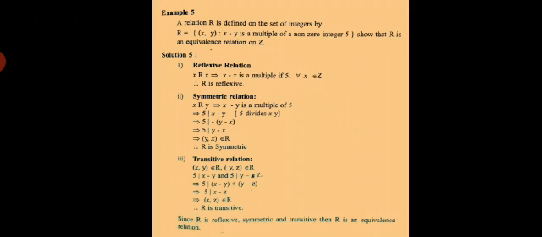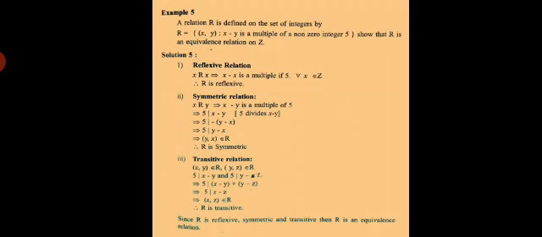Similarly, for the third condition, for transitive relation, (x, y) belongs to R, (y, z) belongs to R, then we can write it as 5 divides x minus y, and also 5 divides y minus z. Now add them, that is x minus y plus y minus z. Then the y terms are similar, they will get cancelled.